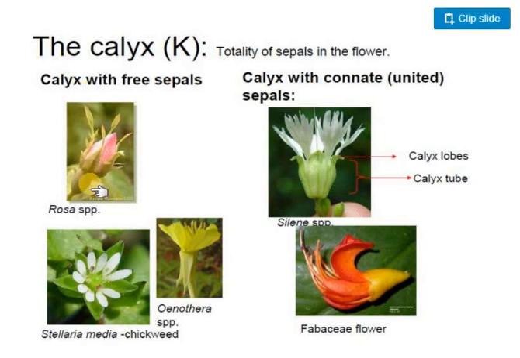See this diagram, and this is Rosa, the rose plant. If you see the rose plant, these green leaf-like structures are called calyx, and these sepals are free.